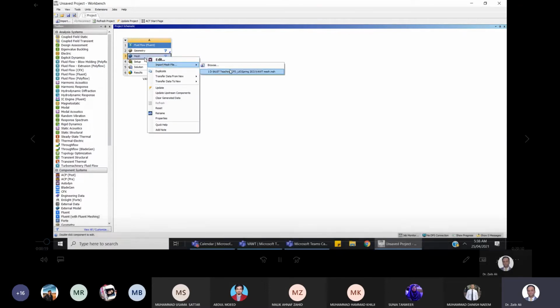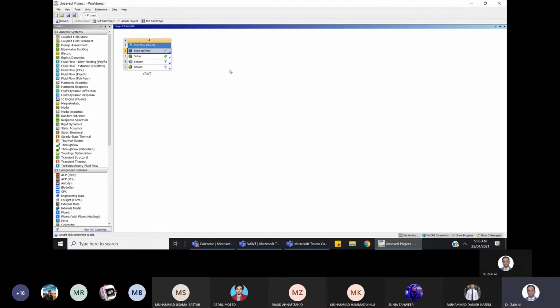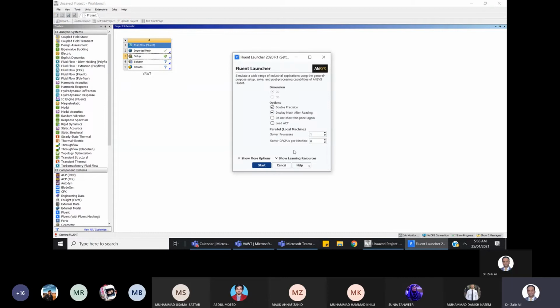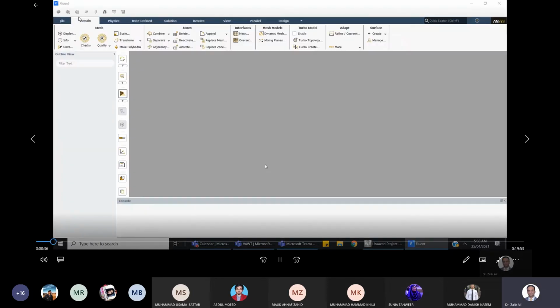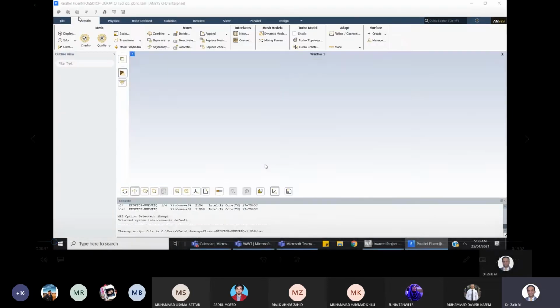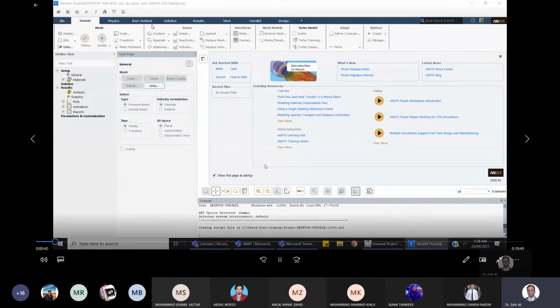I uploaded the mesh file, WAWT.msh, last week, so you can see it in the uploads there. It will be there with the name WAWT.msh. So we are skipping the geometry and meshing stage. We are just importing the mesh file and loading the code.